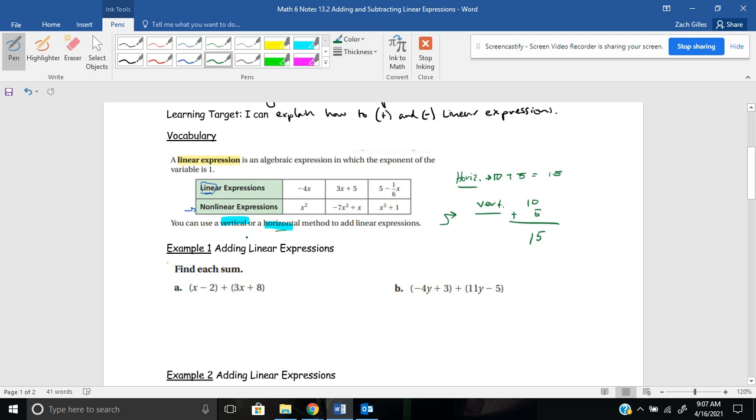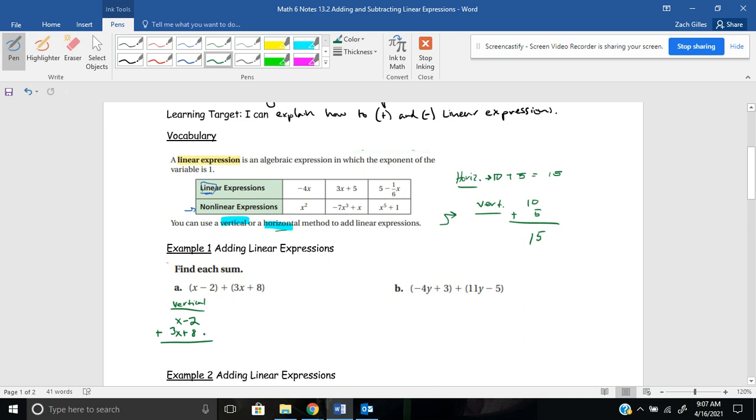For letter A, it says find each sum, x minus 2 plus 3x plus 8. First I'm going to show you the vertical method. X minus 2, and I'm going to add to that 3x plus 8. Notice how I lined them up like that.